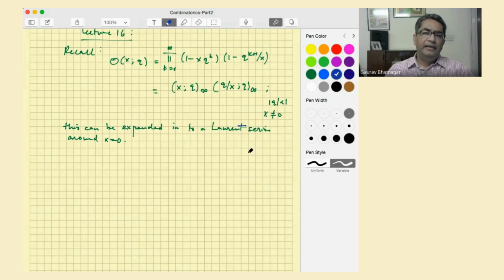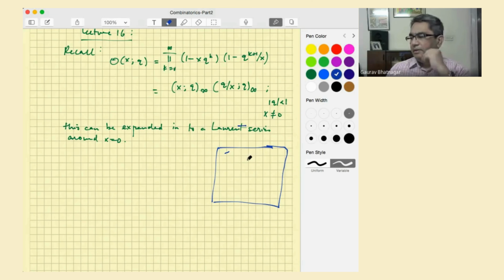And in any case, I can summarize complex analysis very briefly. You have power series, which are these nice functions, right? They're infinitely differentiable.